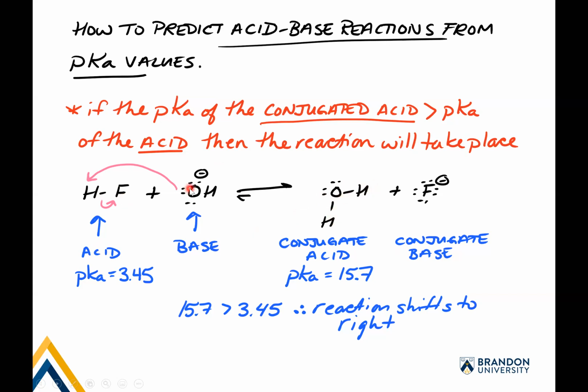So these will be the acid and the conjugate acid, and the fluoride and the hydroxide are the bases, which have the lone pairs, in this case with negative charges, to grab the proton with.